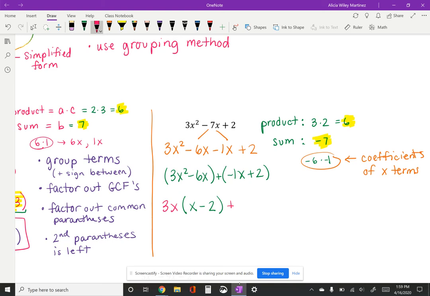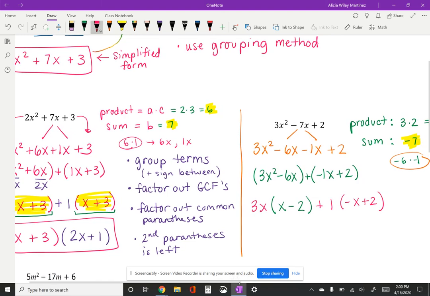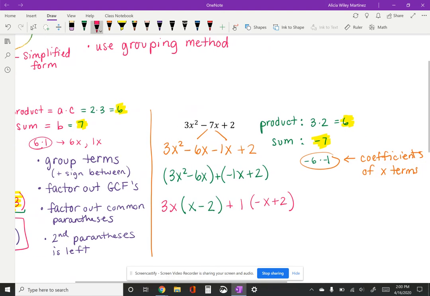Now let's look for a GCF of the second group. In this second group, the only thing that they really have in common is a 1. But we want our parentheses to match. If you only take out a 1, you're going to be left with this, and that would make our two parentheses not be the same. Remember, like on this last one, we want those parentheses to be the same.